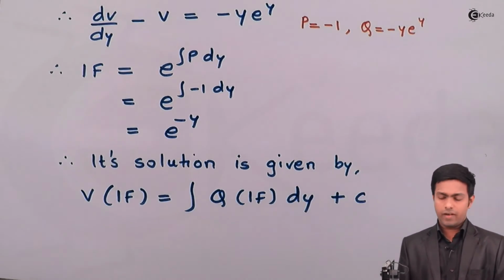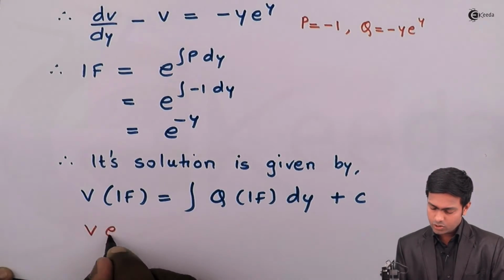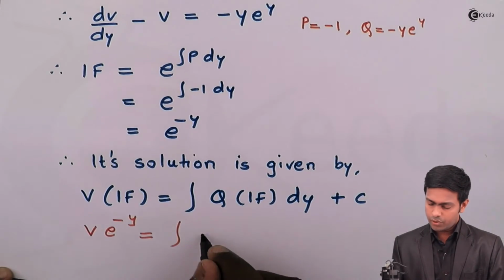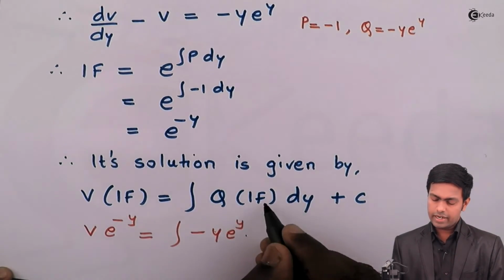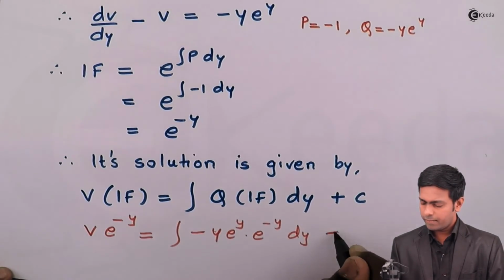So let's substitute the values. v as it is, integrating factor is e raised to minus y, equal to integration of q is minus y e raised to y, into integrating factor e raised to minus y dy plus c.